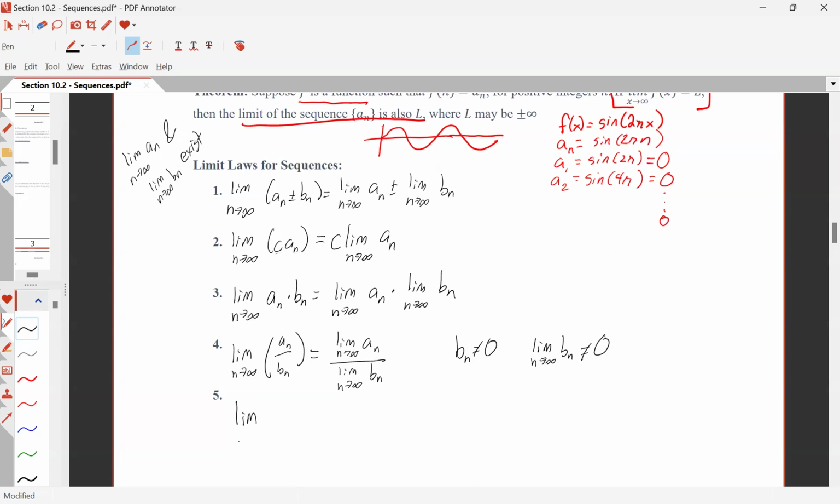And then the last limit law is if multiplication works, so does taking a power. So the limit as n goes to infinity of some sequence to a power, where the power is a number, there is no function with this power, there is no n in the power, then I can pass that power to the outside, and have the limit of the sequence all to the power of p.